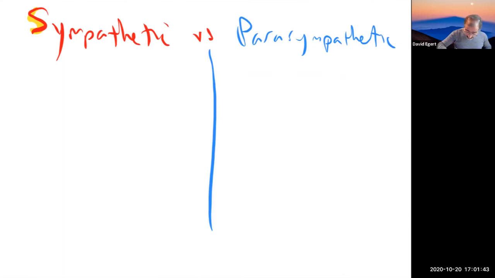So far what I have said was sympathetic is the thoracolumbar outflow. Versus the parasympathetic, which was that craniosacral outflow.